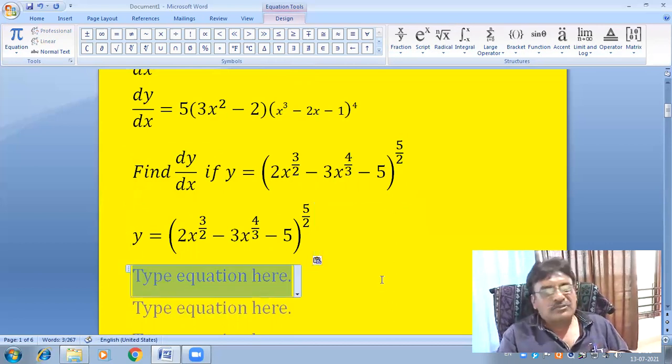And then differentiate both sides with respect to x, because here we find dy by dx.